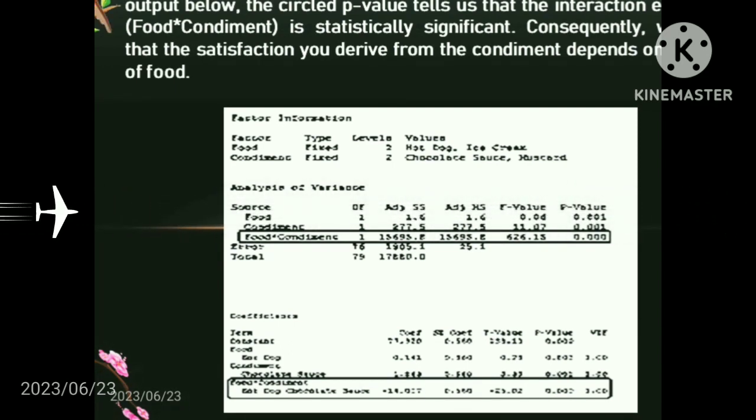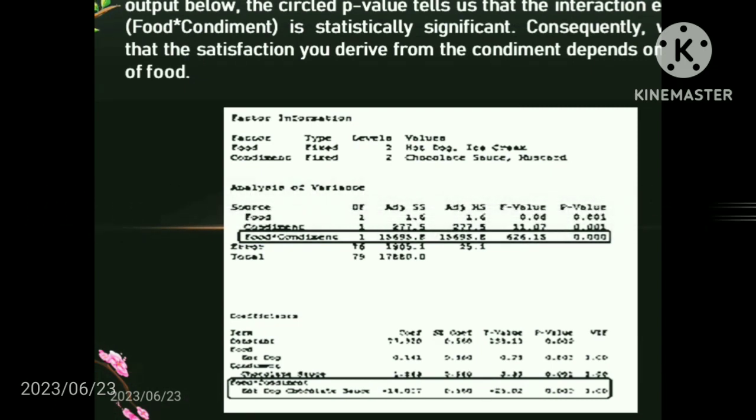Our P value, that is 0.00. And then we don't have a variance inflation factor. In our food, which is hot dog, the coefficient is 0.141. The standard error of coefficient is 0.560. The T value is 0.25. The P value is 0.801. And then our variance inflation factor is 1.00.